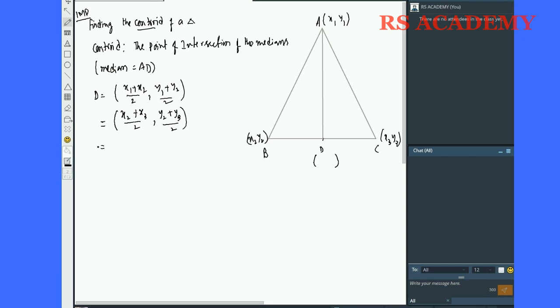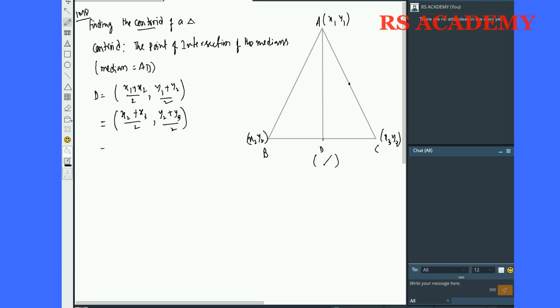Now we got the midpoint. Now where is the centroid? The centroid will be somewhere on this AD. Now let us take another median.